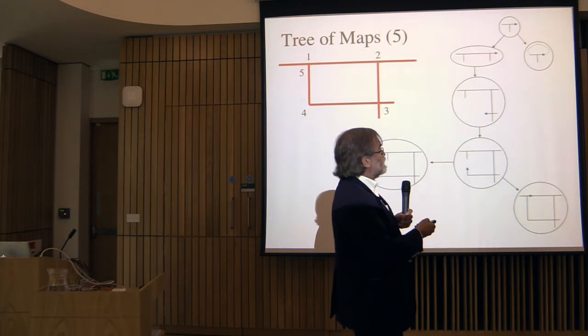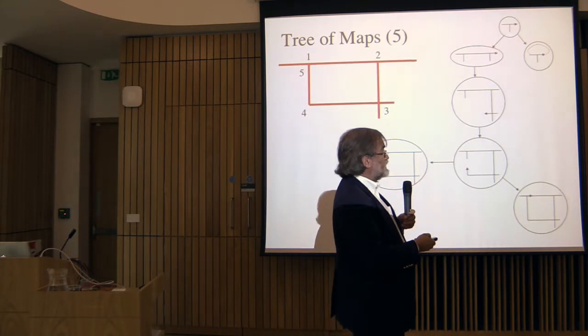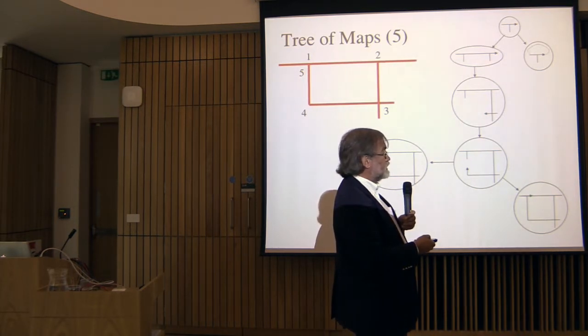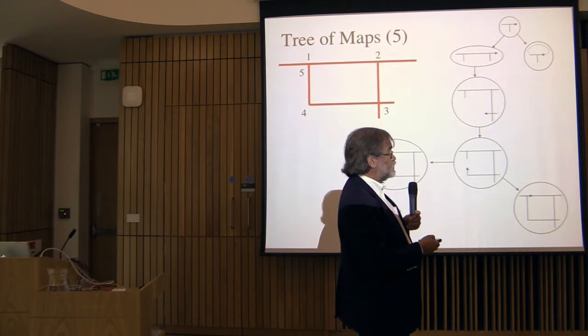Now consider place 2. So here's place 2. Now we know what's connected to this edge and this edge from place 2. And so in particular, we know from place 2, the base edge is connected to a plus intersection.